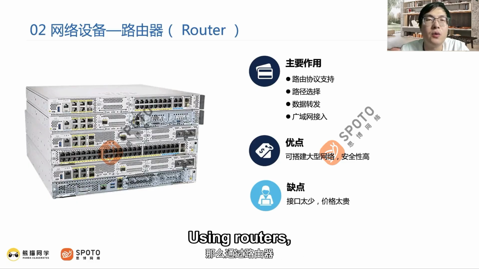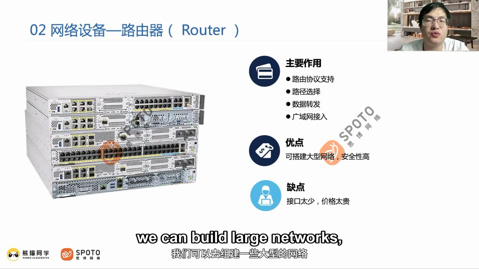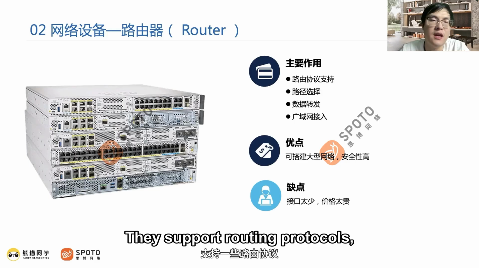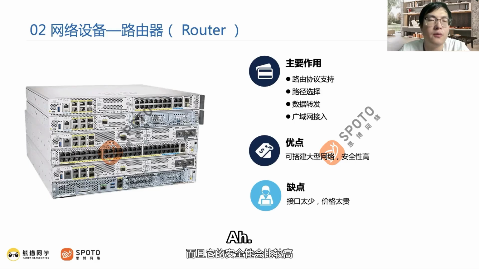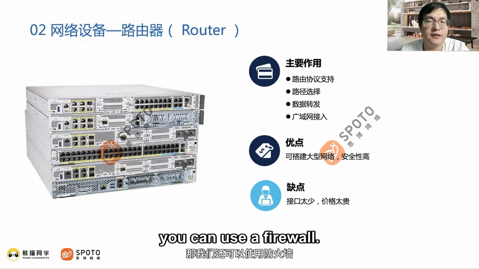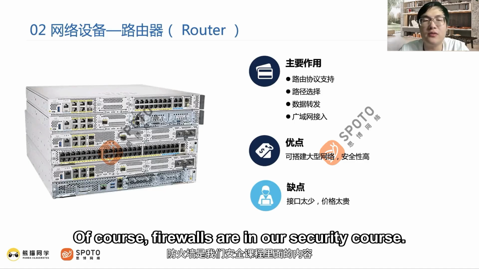Using routers, we can build large networks because they support routing protocols and offer higher security. If you need even higher security, you can use a firewall. Of course, firewalls are in our security course.